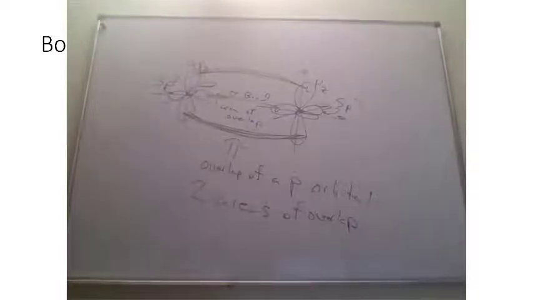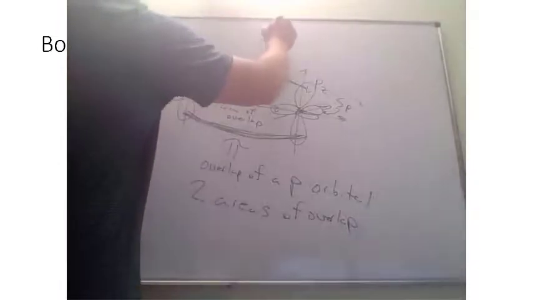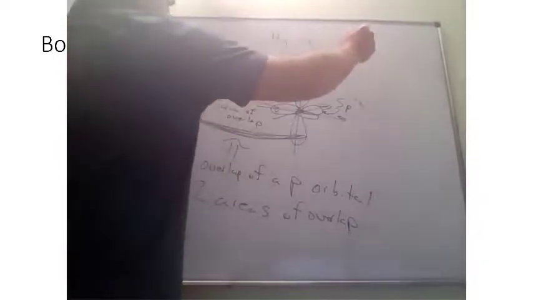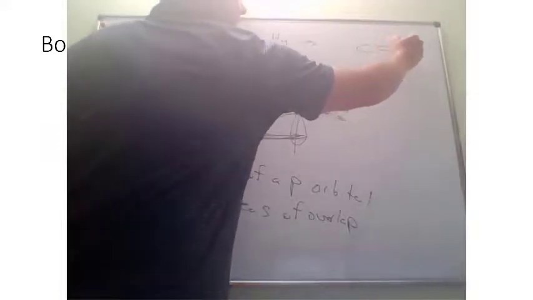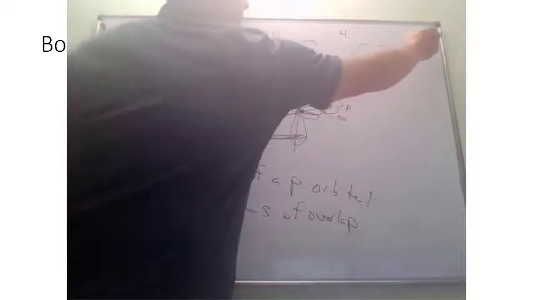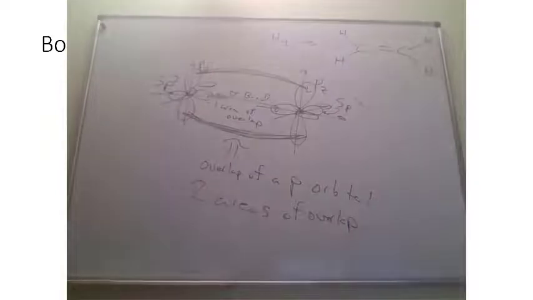Okay, so let's look at an example of a sigma and a pi bond forming in an actual compound. Here, if we take a look at the compound C2H4, two carbons, four hydrogens, and draw the Lewis structure, we find that the answer is a double bond between the carbons and then single bonds between our carbons and hydrogens.